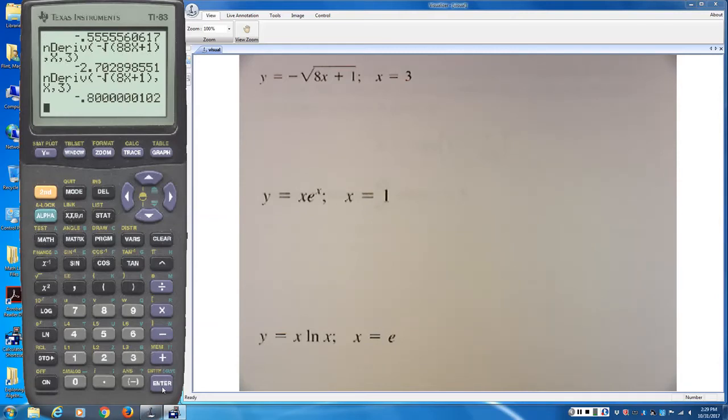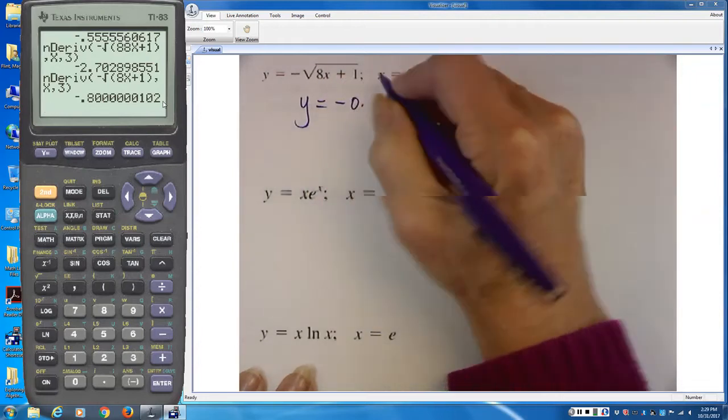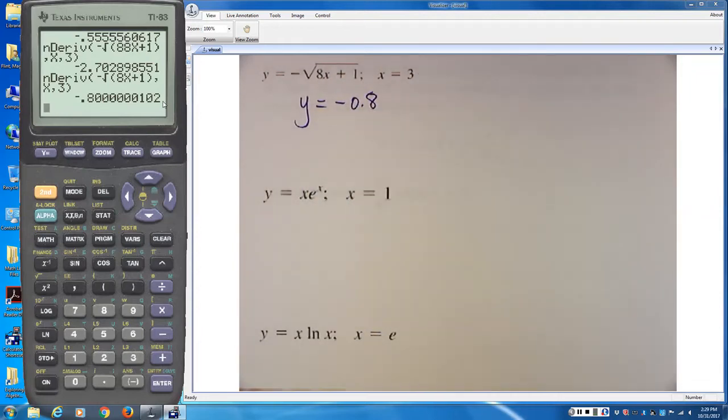Okay, now this one thinks it's being smart, because it says the answer is negative 8.00000, but really, because it's a numerical process, these are all zeros. Actually, the real answer here would be y equals negative 0.8 and stop. And that really is the exact answer.